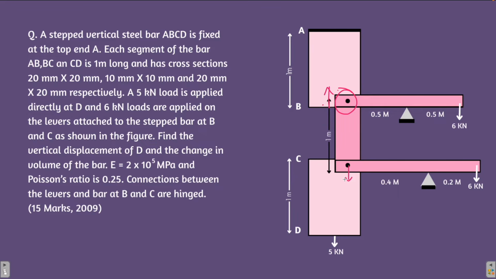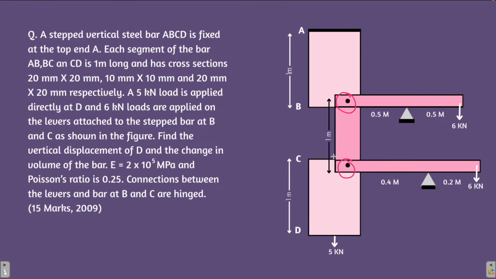So this force we have to find out in order to find the total forces acting on each of the bars, right? So first of all, we are going to find these forces because these are unknowns. If we find these forces, then we are going to find the forces in each individual bar, and then we are going to find the elongation of the bar. So that is the scheme of the question.